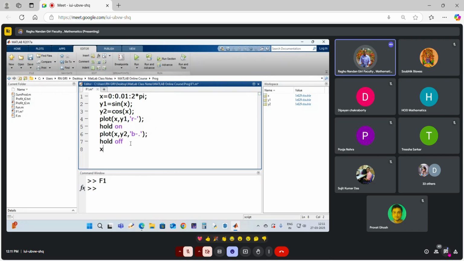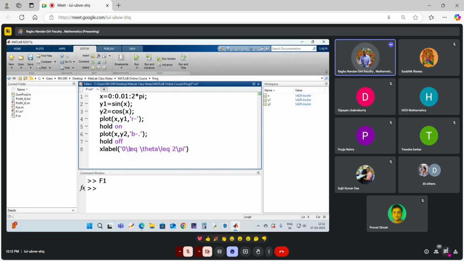xlabel equal to, within a string, 0 less equal to theta less equal to 2 pi.